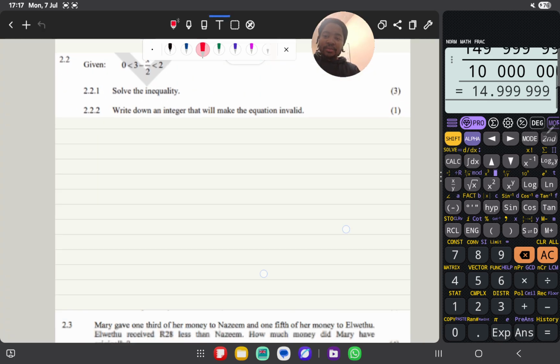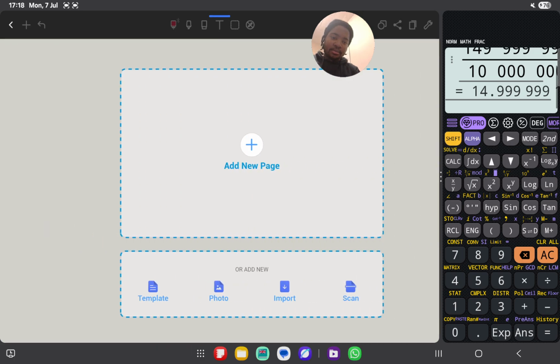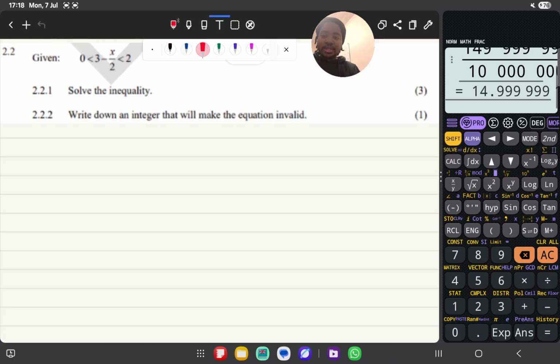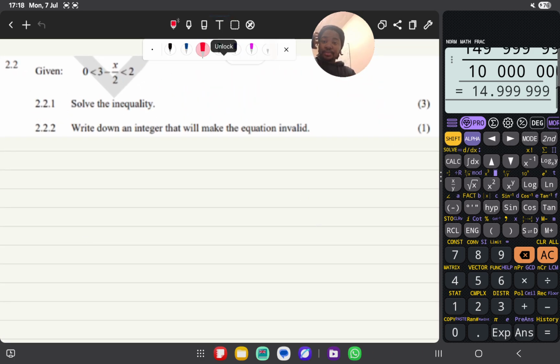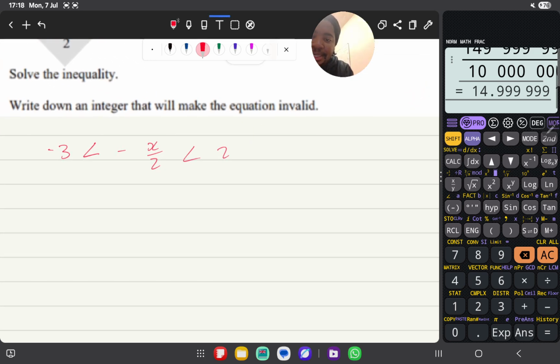Let's see what we have here. Alright, these are the last pairs. So solving the inequality again, you know the drill. You're going to transpose 3, so you have minus 3 minus x over 2, minus 2. Then let's multiply by negative 2.